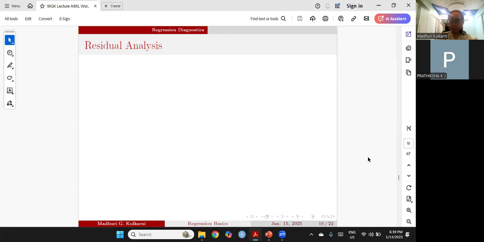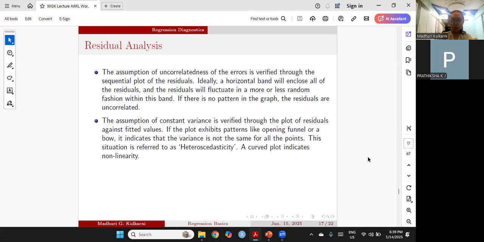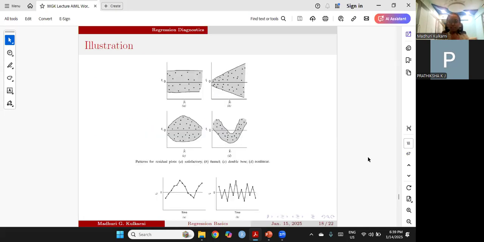So how do we verify them? I'll show you. How do we verify normality? Using the Shapiro test that I mentioned yesterday, normality of errors in the regression model can be verified by checking normality of the residuals of the model.